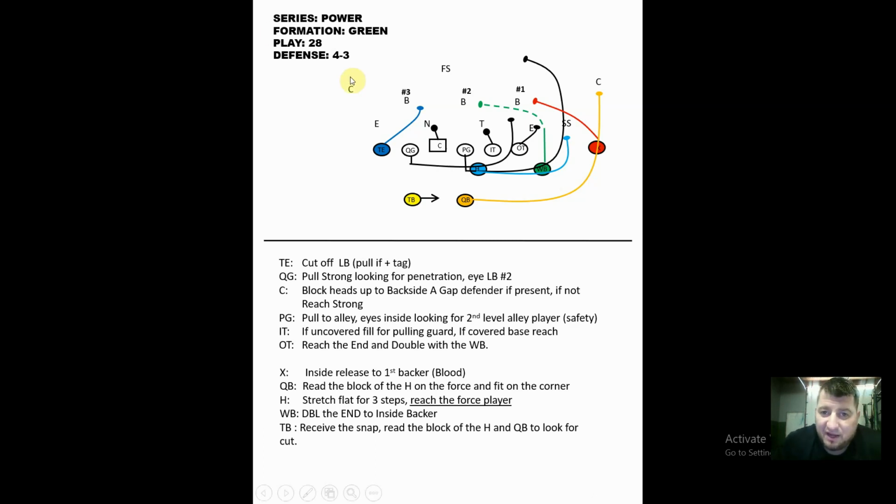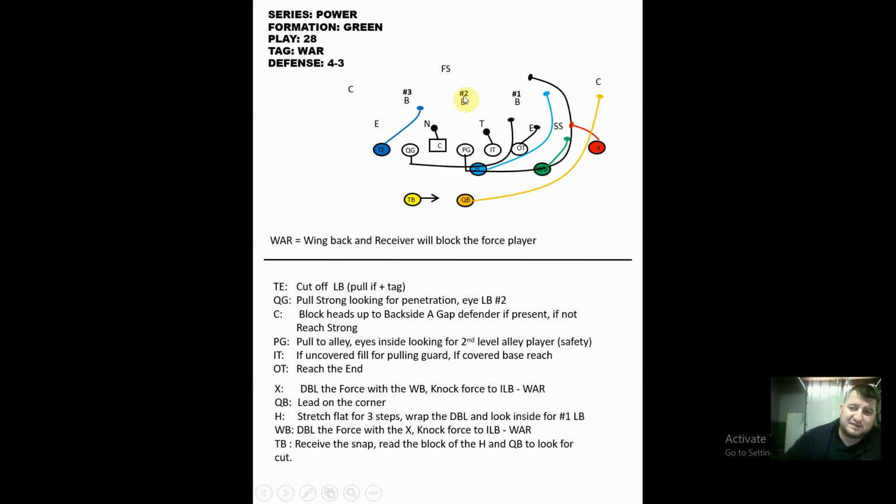For instance, here in green 28, generally the wingback's assignment is to help seal the defensive end before he moves to the number 2 backer. If we get a tag like the war tag, which stands for wing and receiver, that tells him, rather than help seal the end, they will switch jobs with the H-back. They'll seal the force player, and it'll send the H up to the number 1 receiver. So that's an example of a play tag.